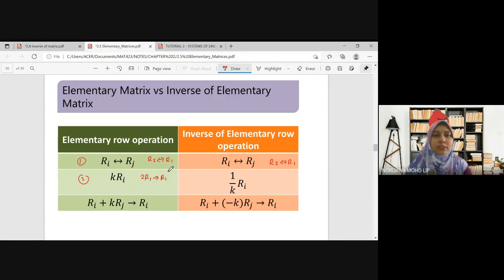Okay, we use operation 2 row 1 transform into row 1. Okay, and then for the operation for inverse of elementary row operation, okay, so the operation that akan jadi ni 1 over 2. 1 over 2 row 1 transform into row 1. Untuk cari inverse of elementary matrix, dia akan jadi terbalik lah ni. 1 over 2.